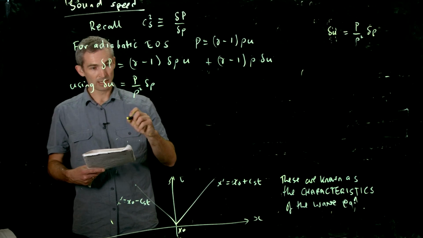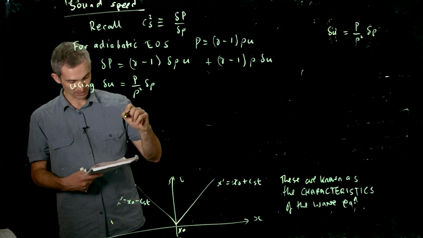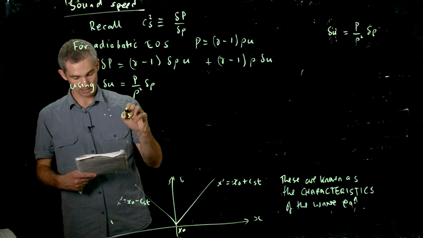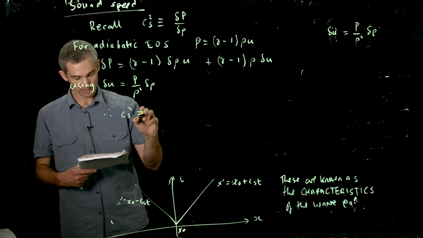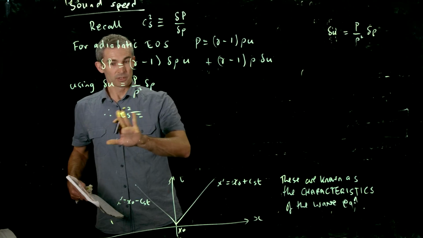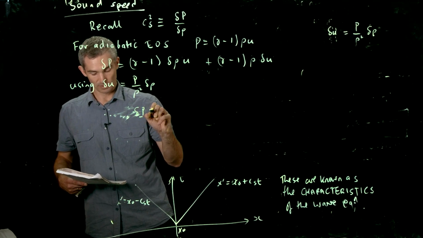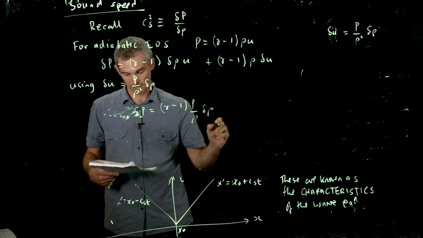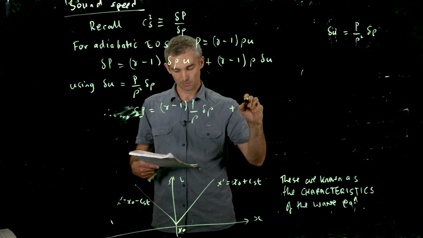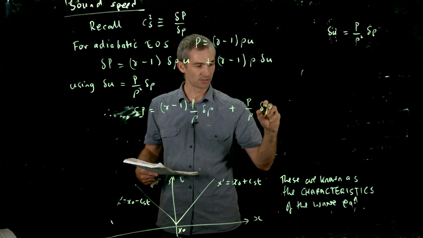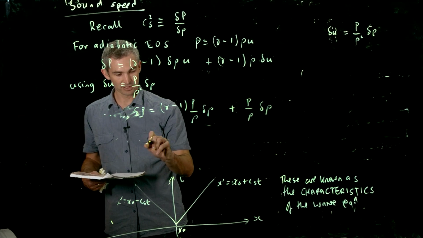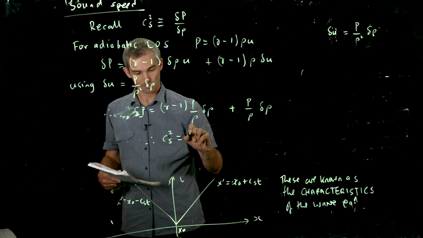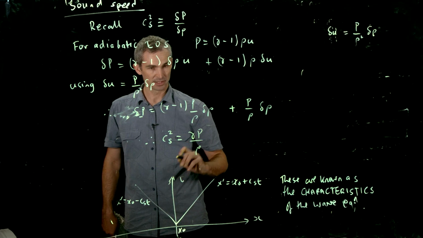So therefore, we get the pressure perturbation is gamma minus 1 P on rho delta rho plus P on rho delta rho, and that tells us that the sound speed squared is gamma times the pressure on the density.